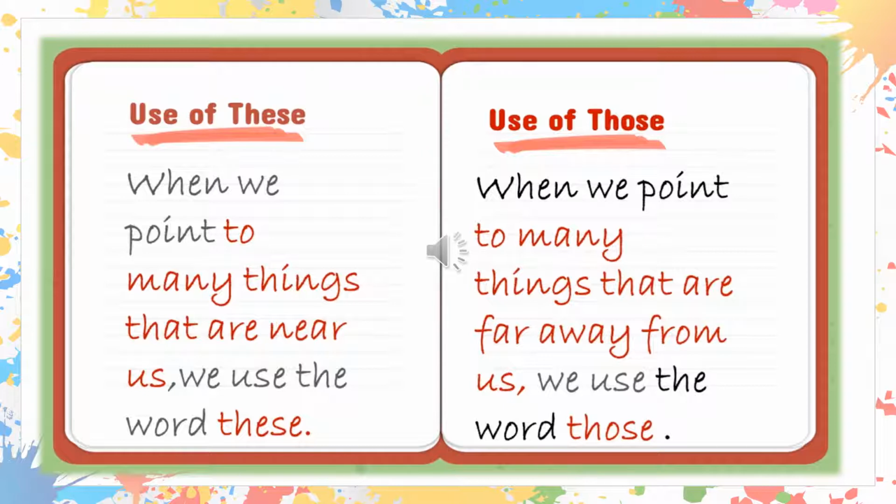Things far away from us, we use those. These and those we use for plural objects. These for the things closer to us, those for the things which are at a distance from us.